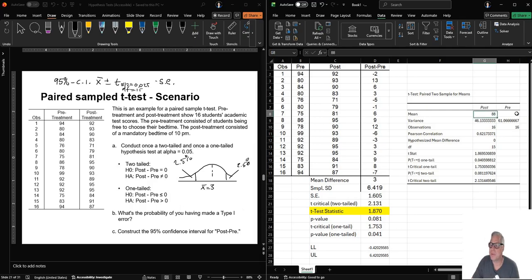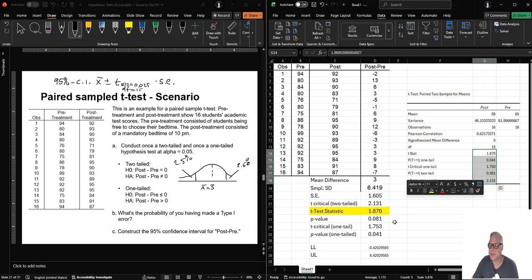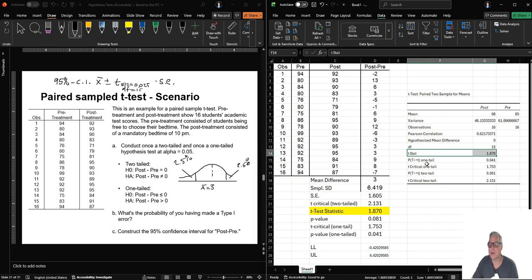Okay, so now you see the post is 88, 85, and now let me limit everything to 3 decimals. And then we can see our test statistic, the t-stat, is also given by Excel as 1.87. So that's the same. Then it says what's the probability in a one-tail test. We also calculated that here as 0.041. Then what is the critical t-score if you want to do a two-tail test?